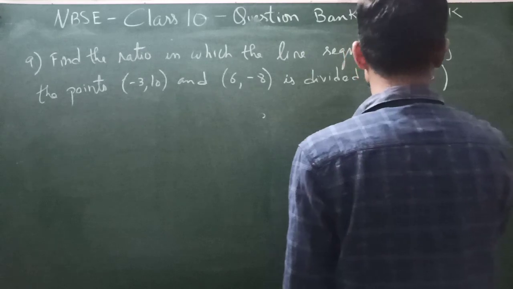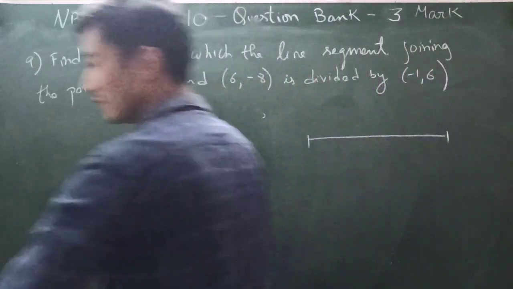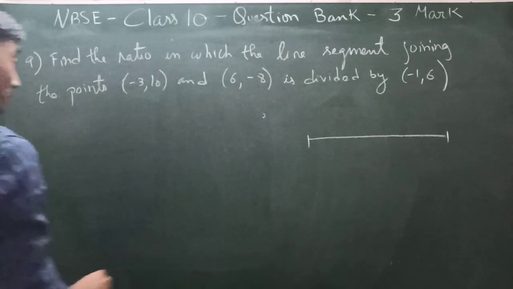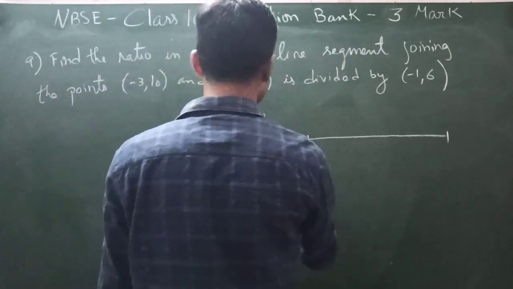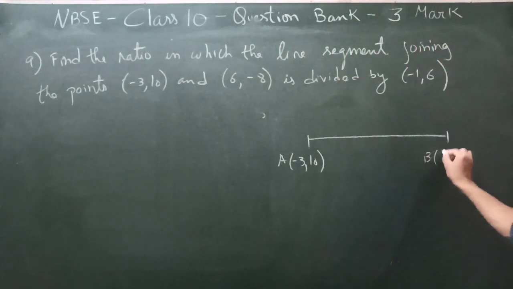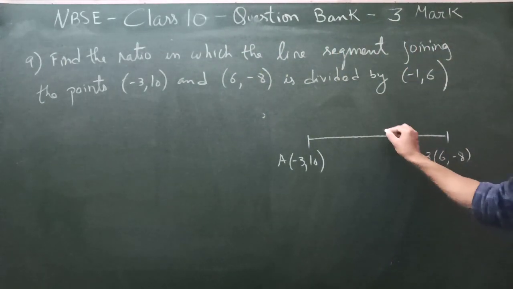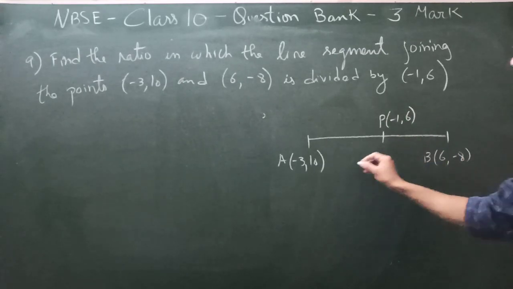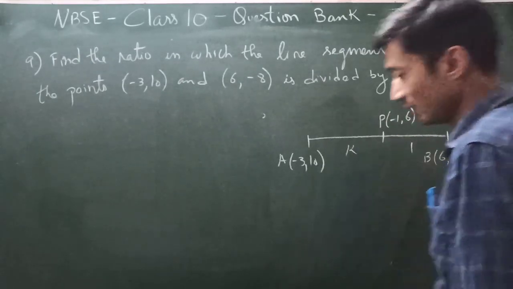That's from the chapter of coordinate geometry. So what they're asking here is to find the ratio in which the line segment joining the points, let's say A minus 3, 10 and B 6, minus 8, is divided by the point, let's say P minus 1, 6. So let the ratio be k is to 1.